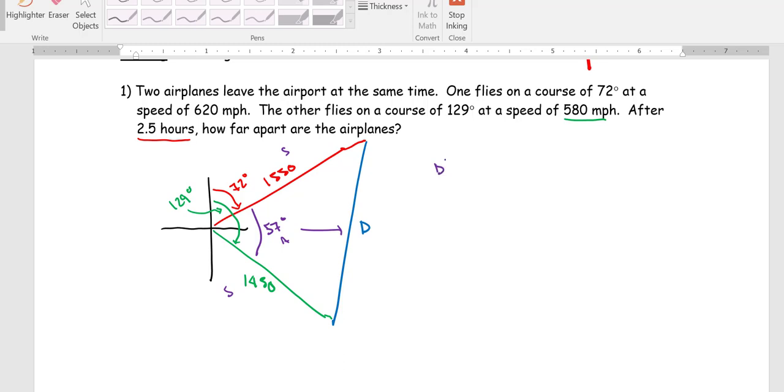D squared equals 1550 squared plus 1450 squared minus 2 times 1550 times 1450 times the cosine of 57 degrees. Then solve for D. D ends up being 1434.17.